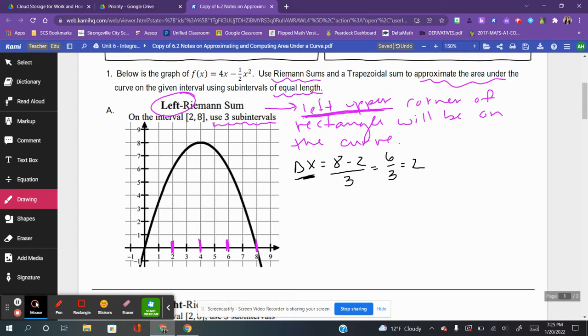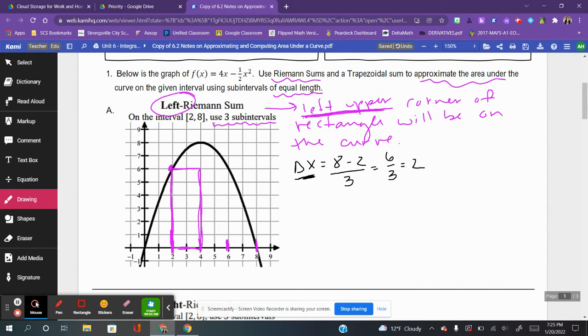I have 3 rectangles that are going to be drawn. I'm going to start on the leftmost rectangle, and I'm going to draw that rectangle so that the left corner of that rectangle is touching my curve. And I'm going to flatten out that top edge, and then I'm going to come back down and end here at 4 since each rectangle has a width of 2.